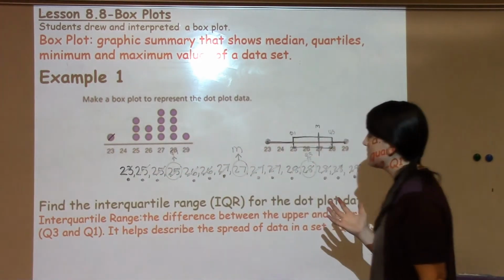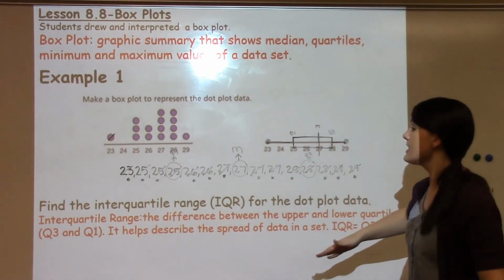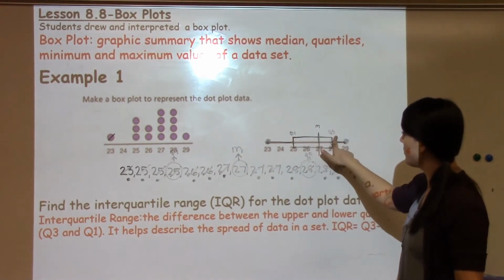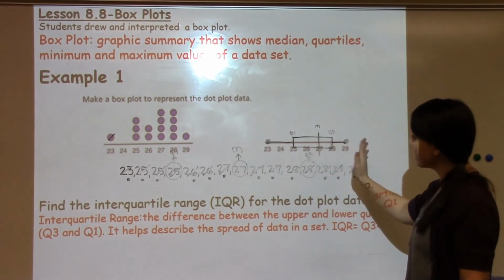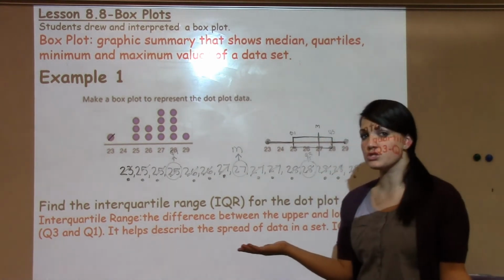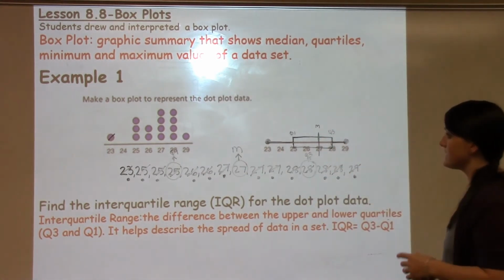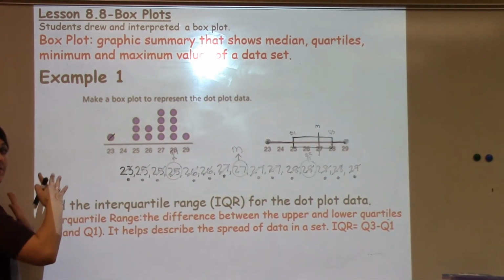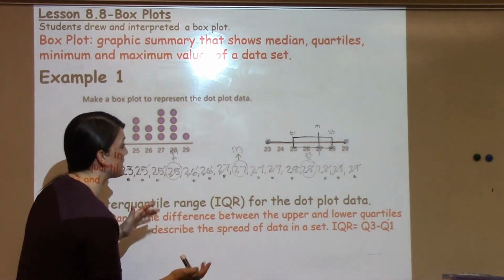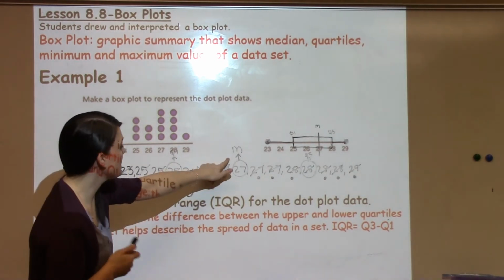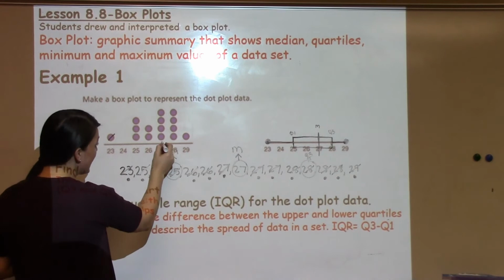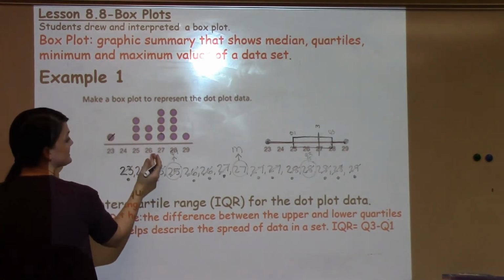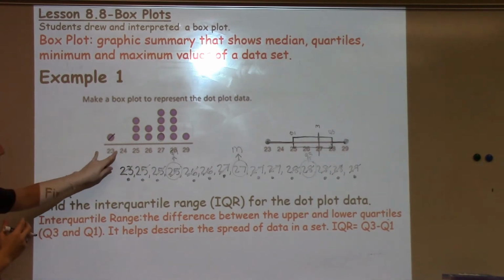Now, some box plots look very even, meaning that the median is right in between the quartile 1 and quartile 3. But if it's not quite even, that doesn't mean that your student did it wrong. What that means is the data might be heavier on one side than the other. In this case, our median was 27. I have a lot of 27s here, and then I have dots that spread out much lower.